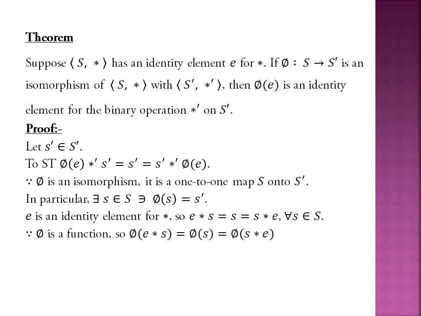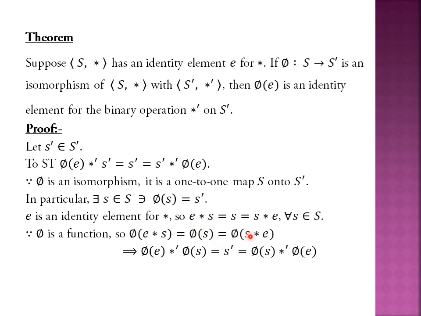So we get phi of e star s equals phi of s, which is equal to phi of s star e, which implies we know that phi of e star s is equal to phi of e star dash phi of s. Already we are given that phi of s equals s dash. So we get phi of s equals s dash.